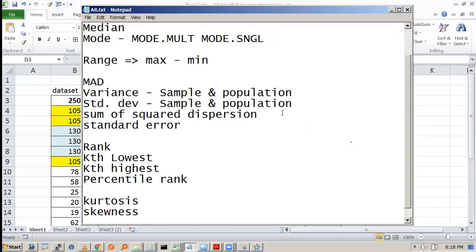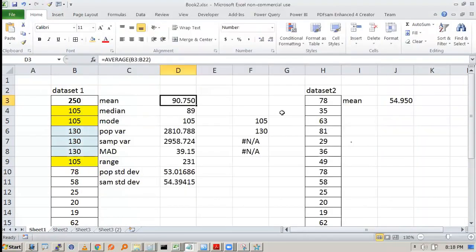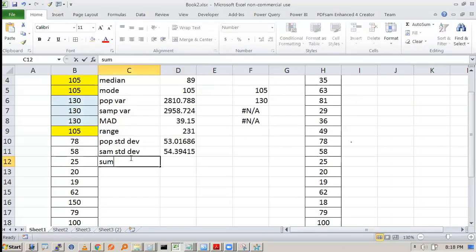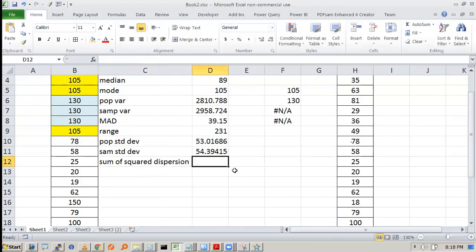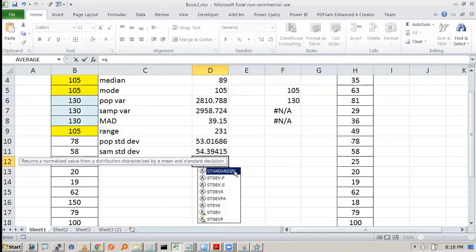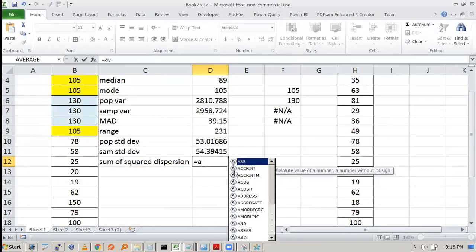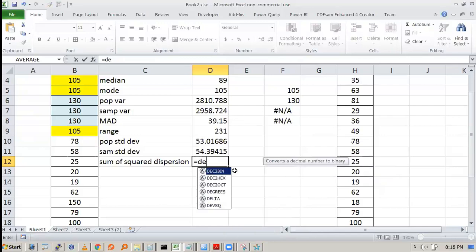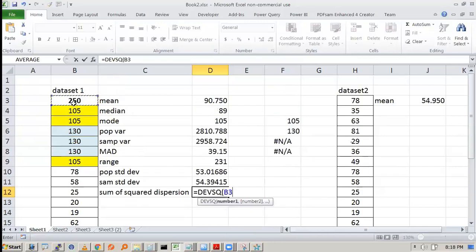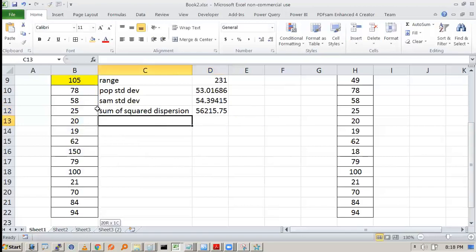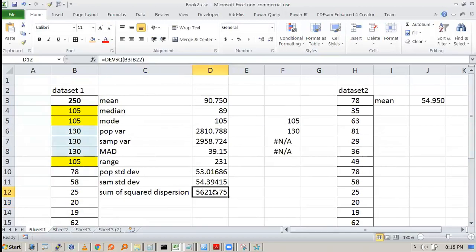So the sum of square dispersion also. How will you calculate the sum of square dispersion? This is DEVSQ. DEVSQ is your sum of square dispersion.